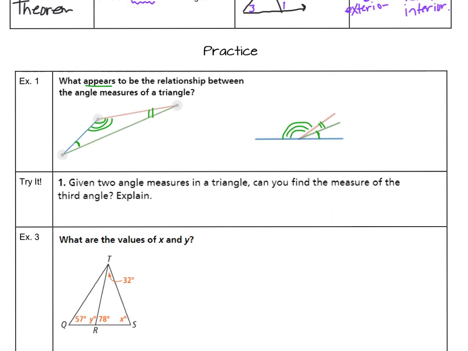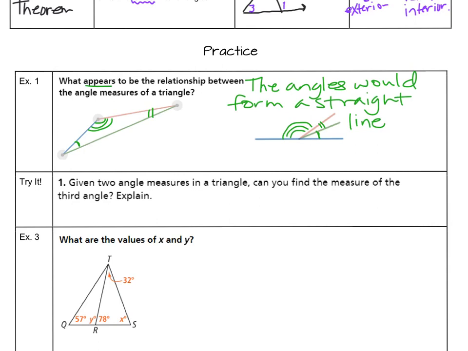So the thing that we could share for the relationship is that the angles would form a straight line if they're put together in a row. And that's how we know that they would add up to 180.